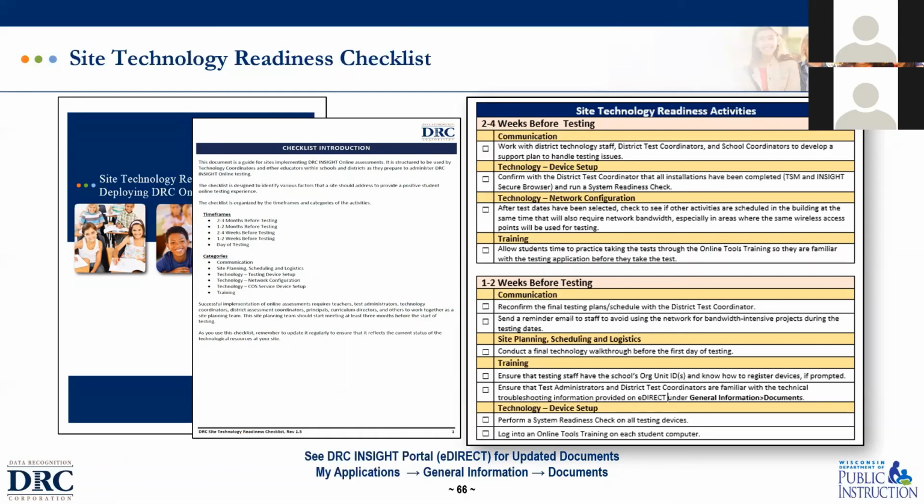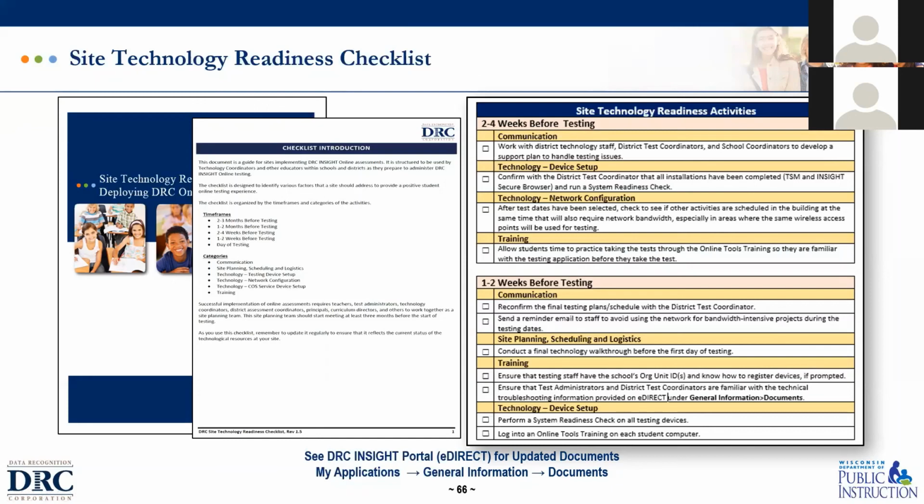It breaks down into more manageable pieces what you have to do to get ready for testing online: things you should be thinking about a couple months in advance, a few weeks in advance, and the day of testing. You don't have to do these things 2 to 3 months in advance. It just helps you time box. If you don't do them and it's now 2 weeks out, you still can do them, you just have a little less window to do it.